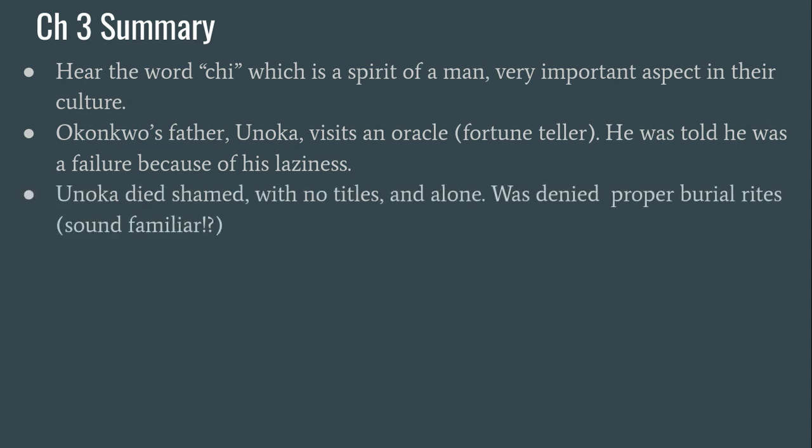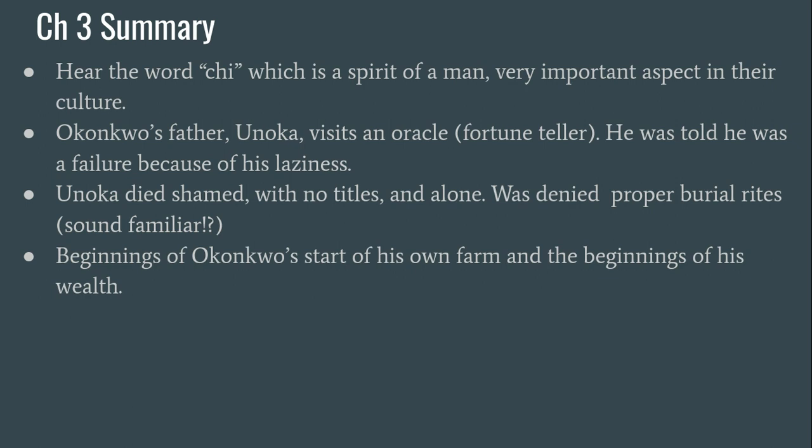And he ends up dying, like I said before, shamed, with no titles. He dies alone, is denied those proper burial rites, sound familiar, like in Antigone, and is not allowed to be buried within the earth because it would corrupt it. And he ultimately just rots there in that evil forest.